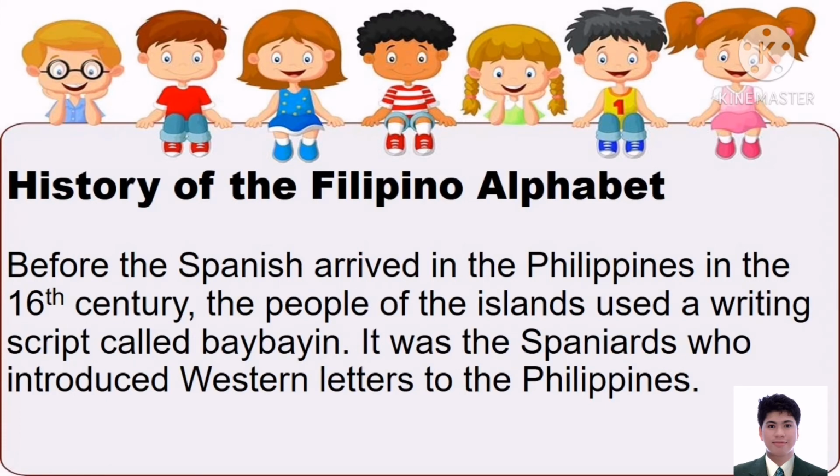Learners, moving forward, now we're talking about the Filipino alphabet. Before the Spanish arrived in the Philippines in the 16th century, the people of the islands used a writing script called baybayin. It was the Spaniards who introduced Western letters to the Philippines.